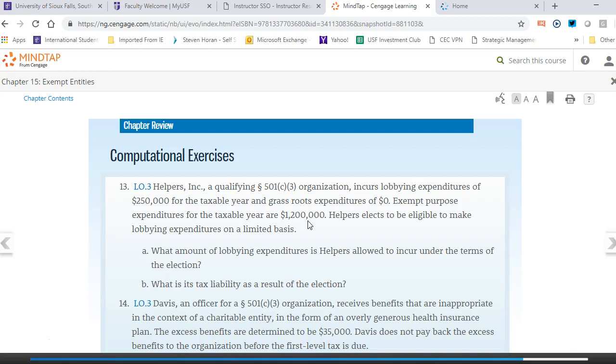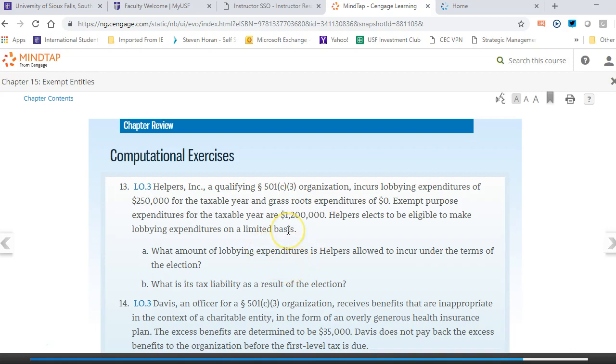So let's go ahead and solve what amount of lobbying expenses they're allowed to incur during the term. The key is that they're at $1.2 million. If we go to that table on page 6, it says over $1 million, but not over $1.5 million. The lobbying non-taxable amount is $175,000 plus 10% of the excess of exempt purpose expenditures over $1 million.